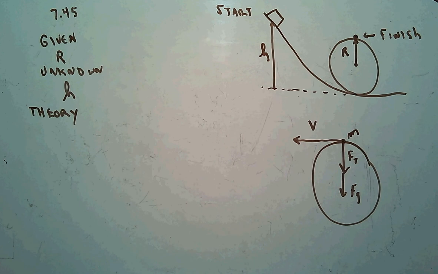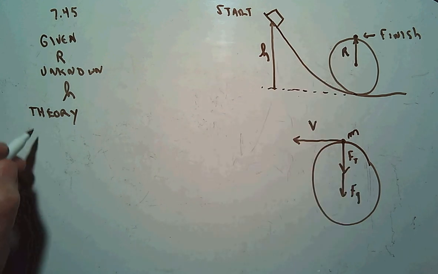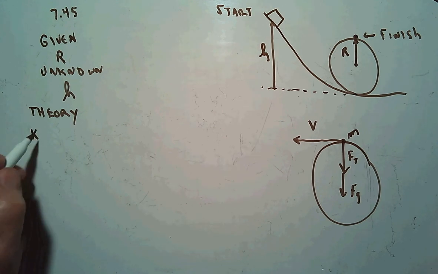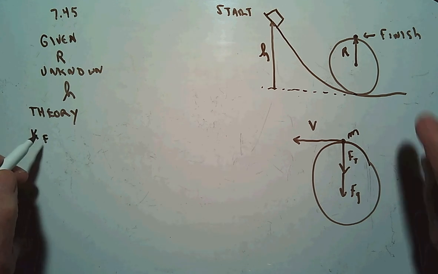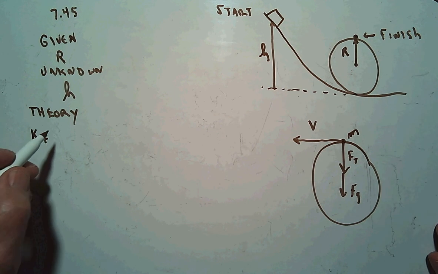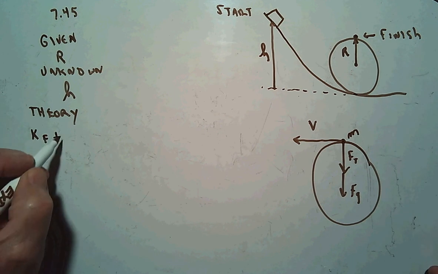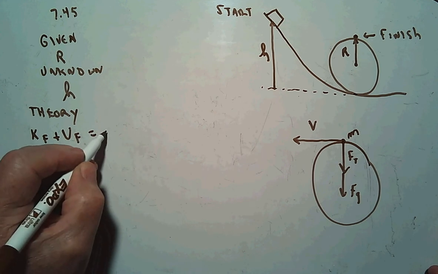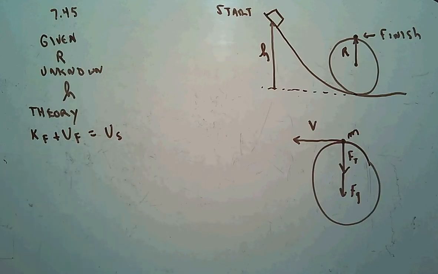So we can compare the energy at those two locations and get an idea, based on the kinetic energy it has here, how fast it's going. So the theory would be that the kinetic energy that it finishes with here plus the potential energy that it has there must be equal to the potential energy that it starts with, and that's all the energy it has up there. It's not moving.